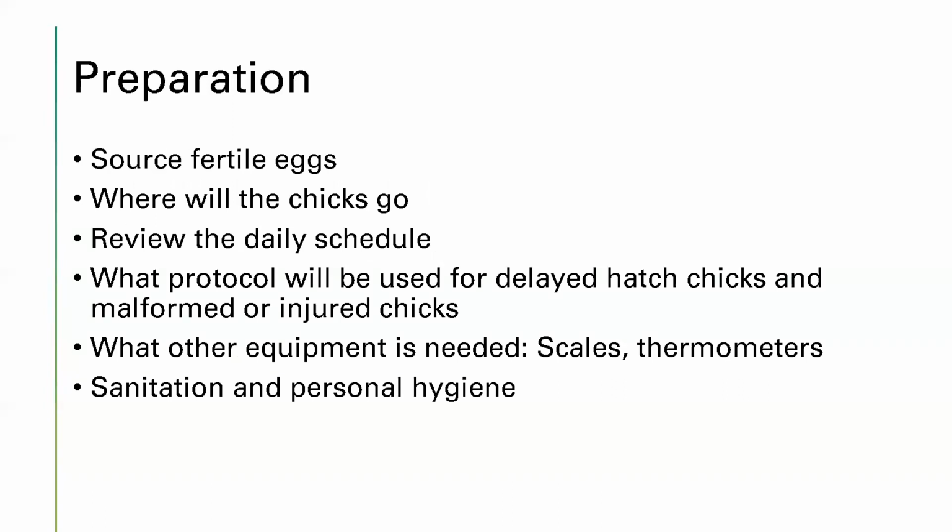As we prepare, we need to find a source of fertile eggs, and that should be a reliable source where you expect good results and have a high level of fertility and hatchability. Plan on where the chicks will go ahead of when you have the project in the school.